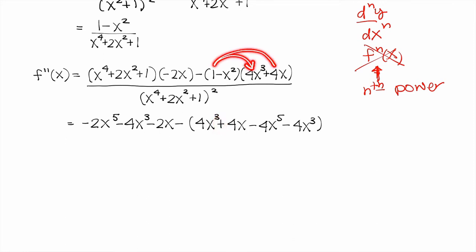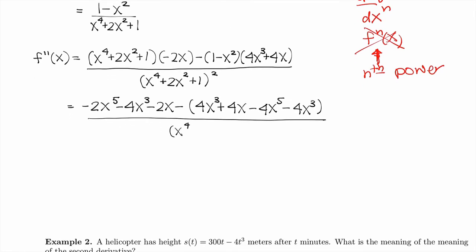So it's a good thing that I'm checking, because otherwise I'd be getting the wrong answer. And then I have this all over x to the fourth plus 2x squared plus 1 squared. So now you just want to simplify this.